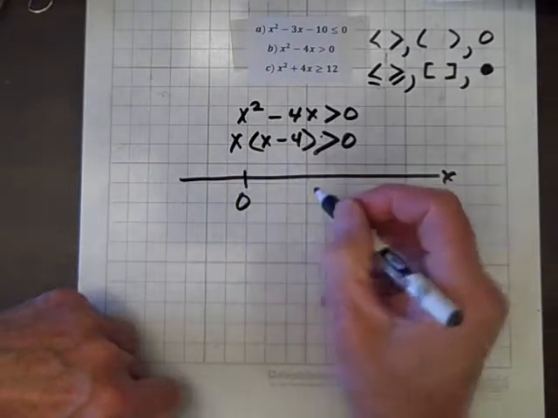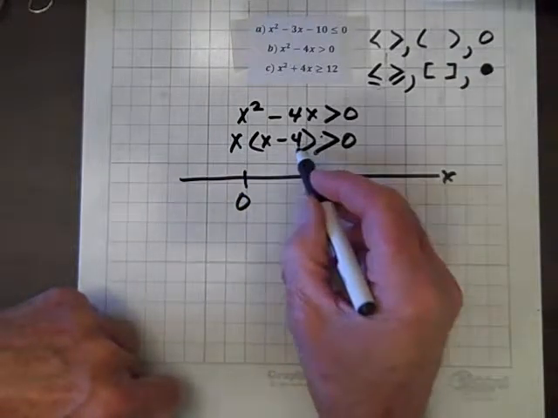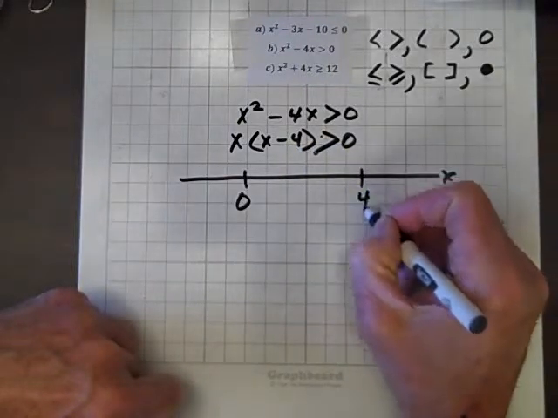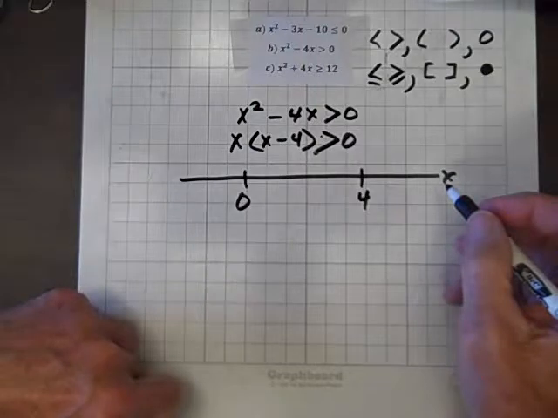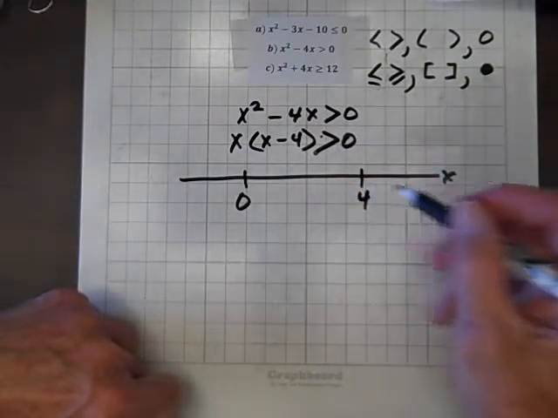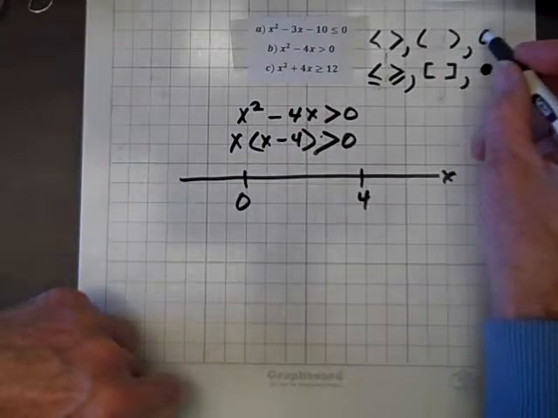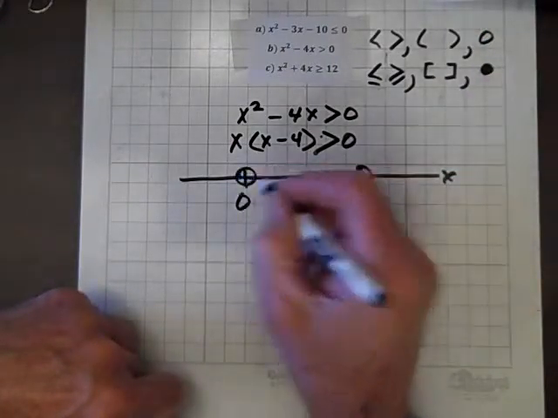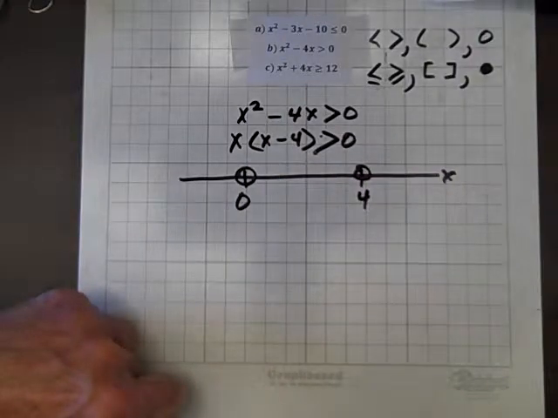Well, 0 does. What value of x takes this factor to 0? 4 does. So there are our hash marks. There's no equal sign associated with the inequality, so at the hash marks or zeros we'll put open circles.